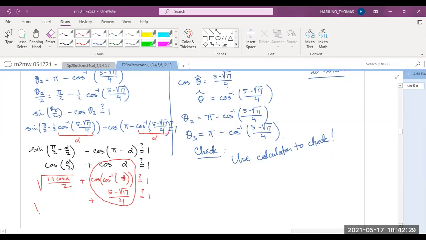But that is the square root of (1 plus (5 minus square root of 17) over 4), all over 2. Then you do some algebra here and there, and see if that will give us 1.